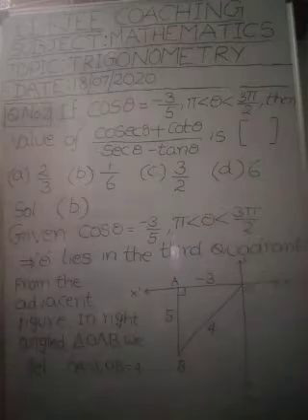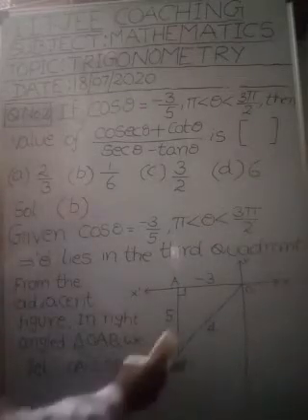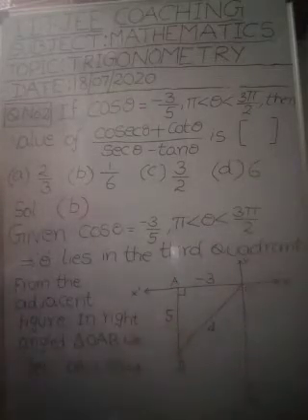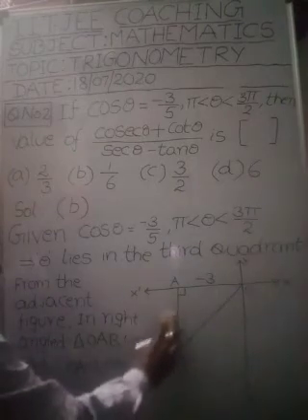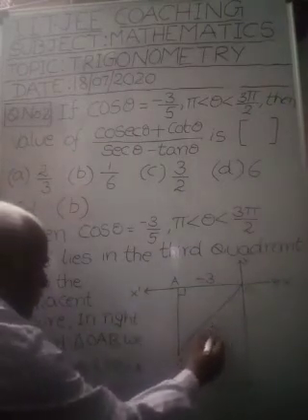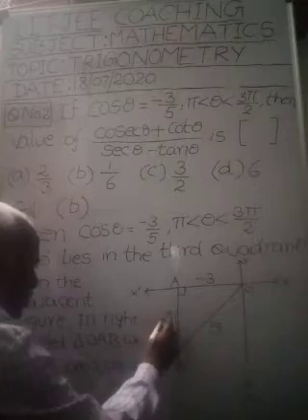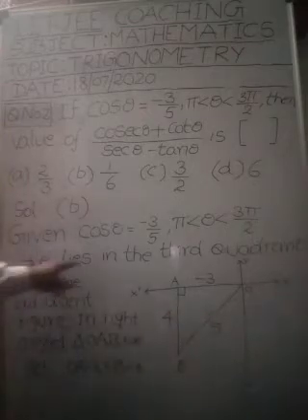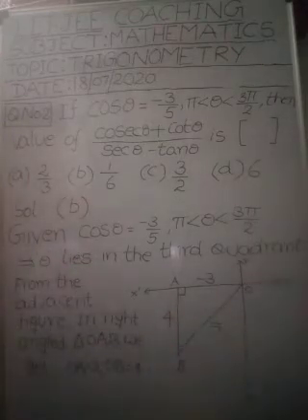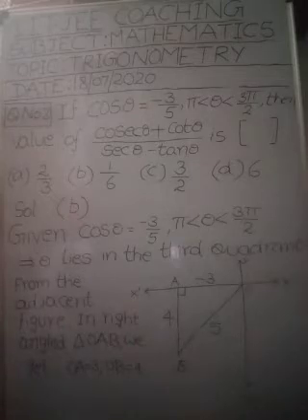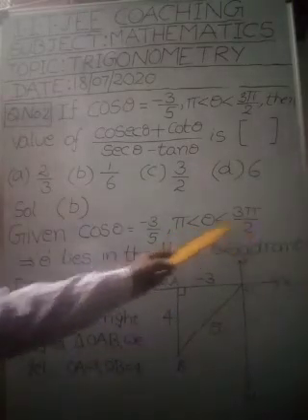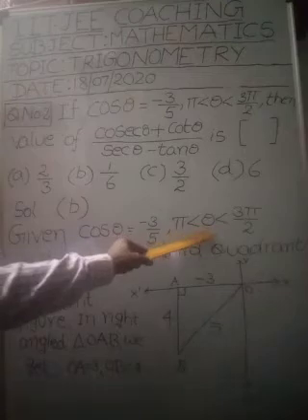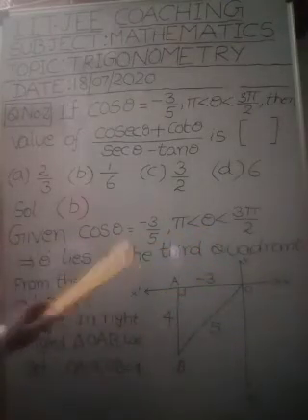Okay, my dear children, this implies, what will you get here? Theta lies in the third quadrant between 180 and 270. So angle theta lies in the third quadrant.